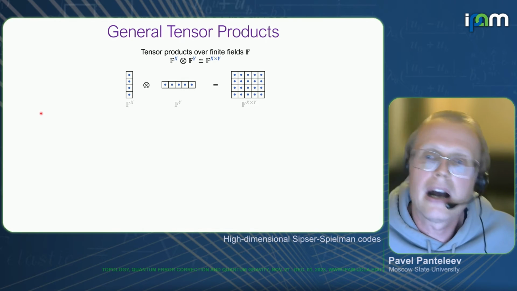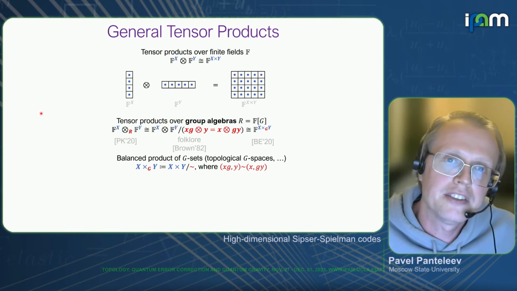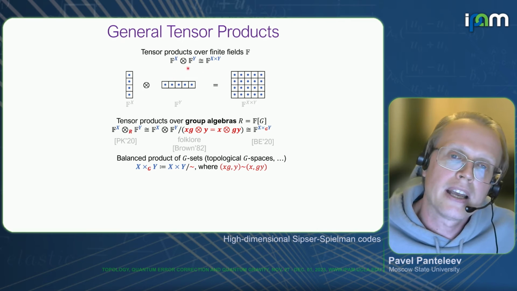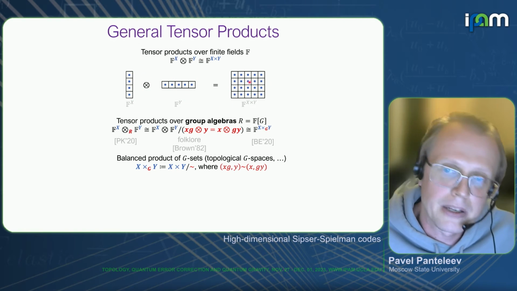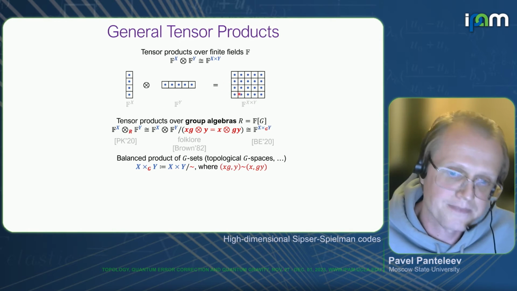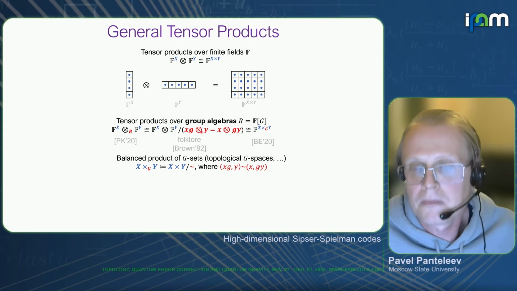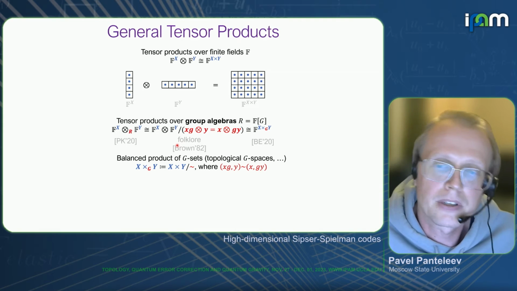But before going into details, let me briefly describe the idea of tensor product codes. As I said, the standard tensor product of vector spaces is a very simple idea. We have just a matrix, and the idea of the tensor product over a group algebra may have some different descriptions.